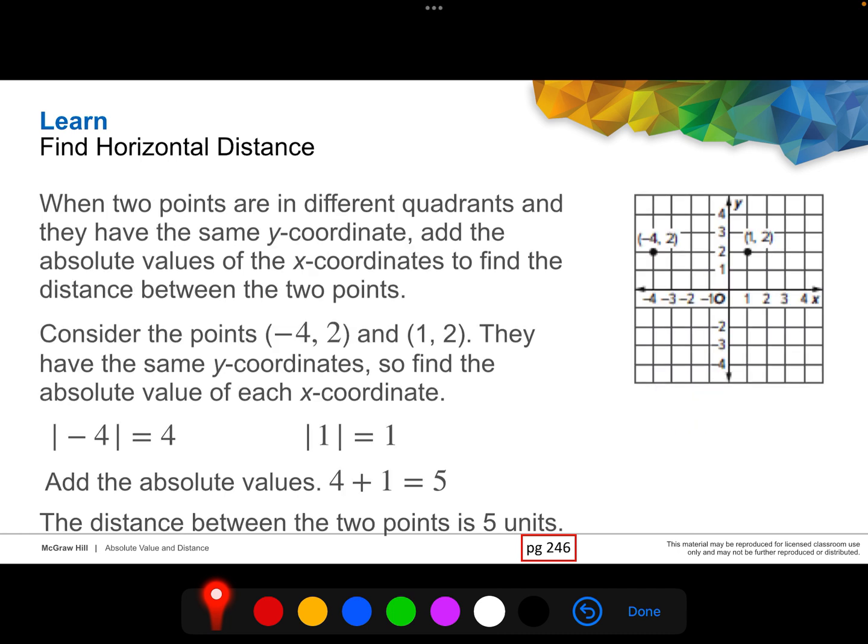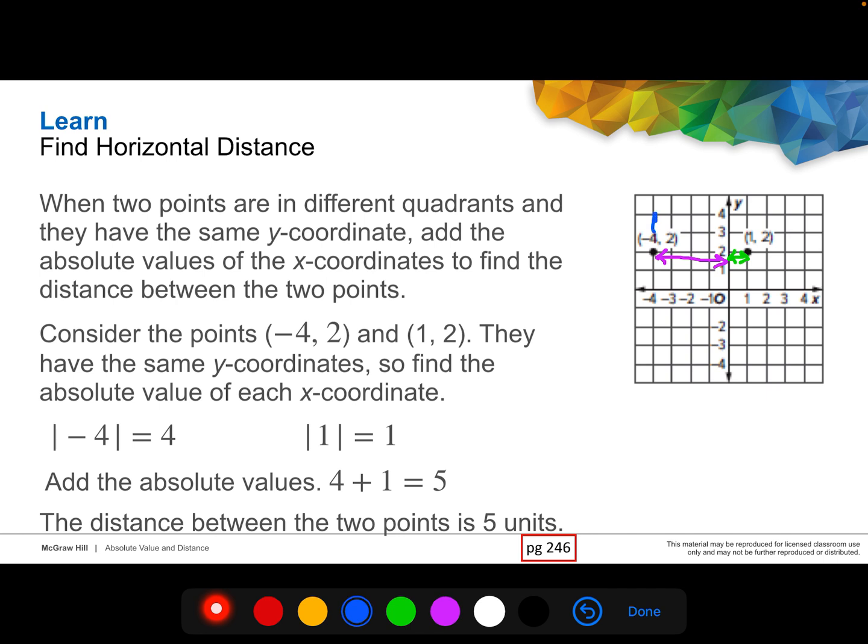Now when 2 points are in different quadrants and they have the same y coordinate, we are going to add the absolute values of the x coordinates to find the distance between the 2 points. Let's take a look at this example. This is the absolute value of the x coordinate of one point, and this is the absolute value of the x coordinate of the other point.